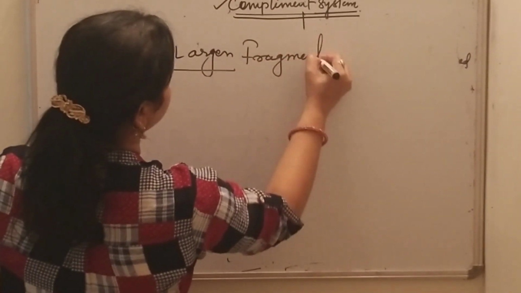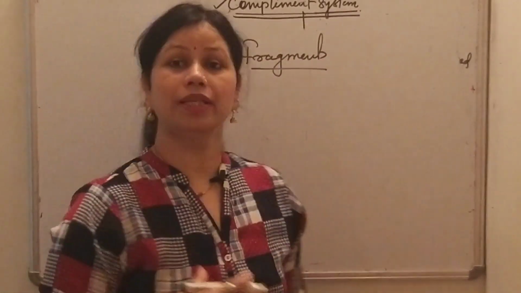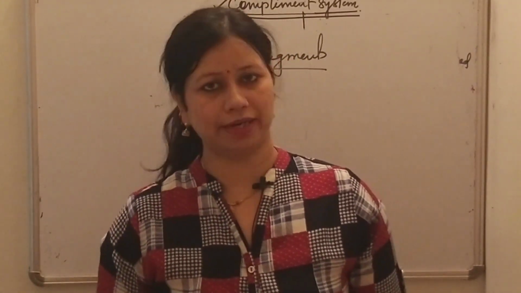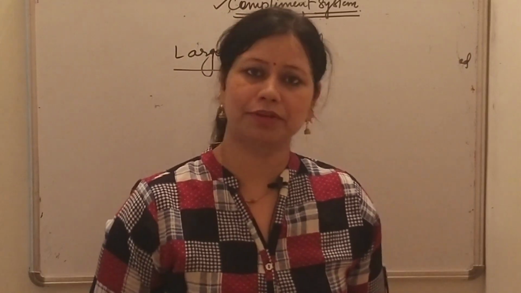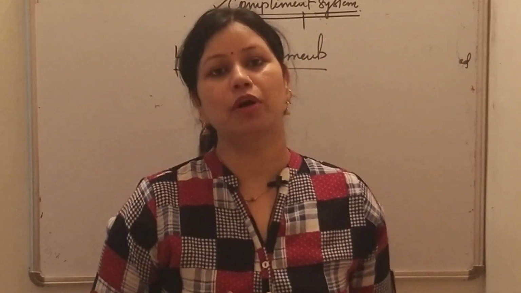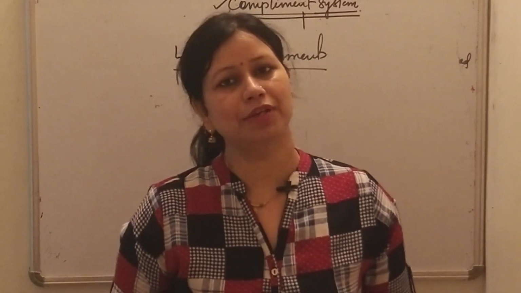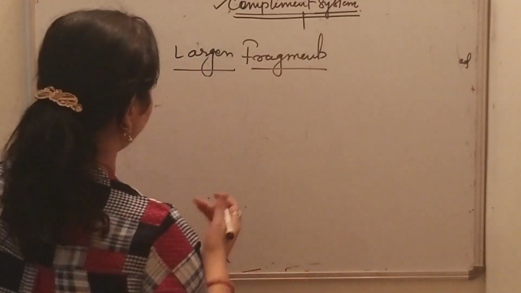In case of the larger fragment, they bind to the target near the site of activation. But in case of the smaller fragment, what is its function? Smaller fragments diffuse away from the site and then start local inflammatory responses by binding to specific cell receptors.